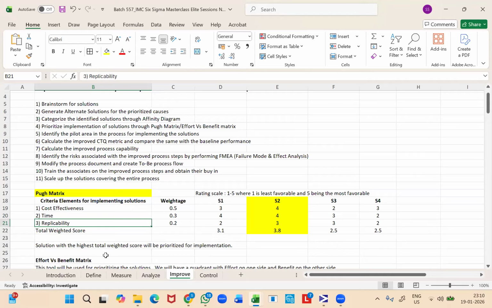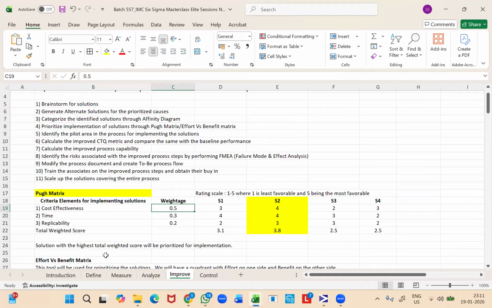But then we need to ensure that the list is short and crisp because we need to provide weightage for each and every criteria element based on the importance that we wish to give them, right? So based on the importance we plan to provide for these criteria elements, we will come up with the corresponding weightage. So for me, cost effectiveness is very, very important, right?